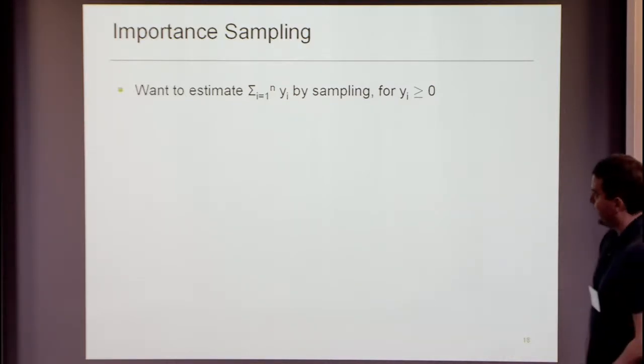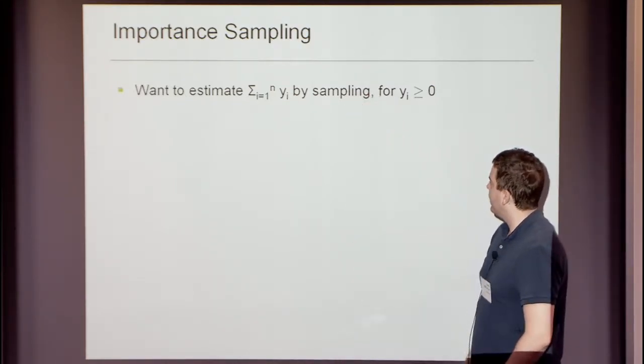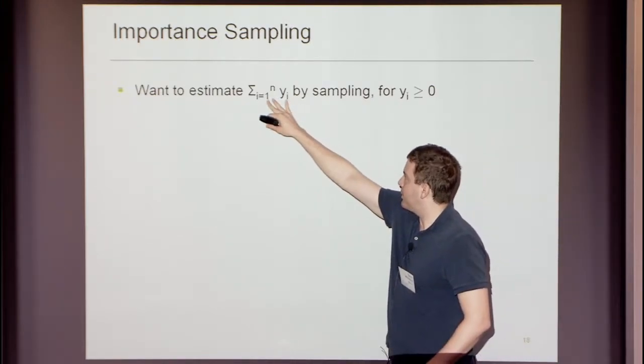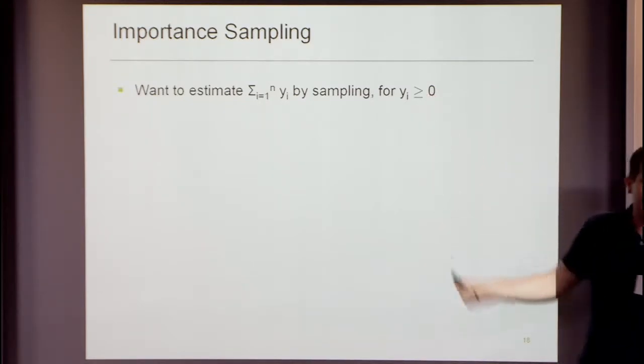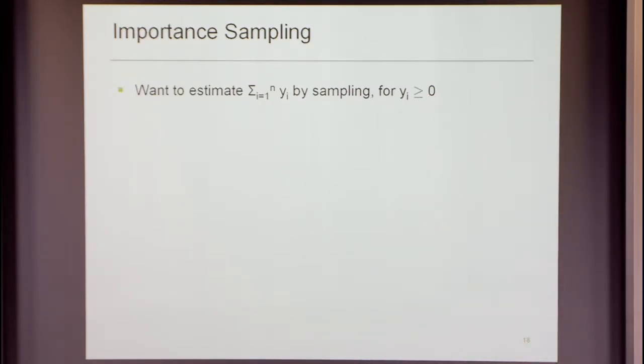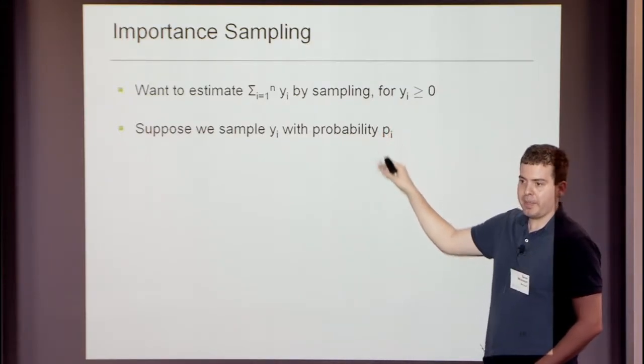Okay, so this is just importance sampling 101. We want to estimate the sum of y_i's for non-negative y_i's. And suppose we sample y_i with probability p_i.